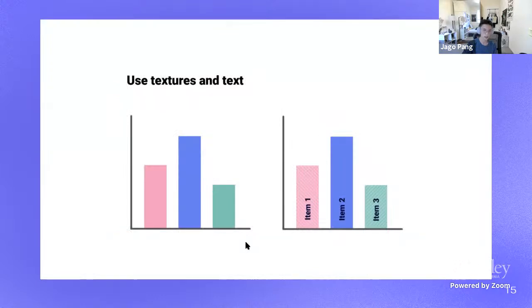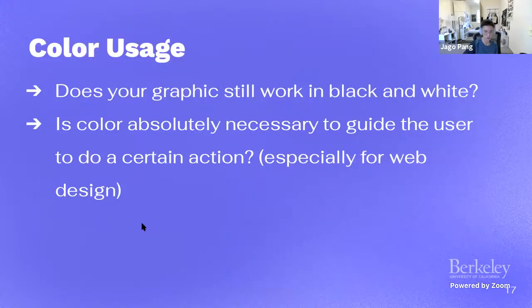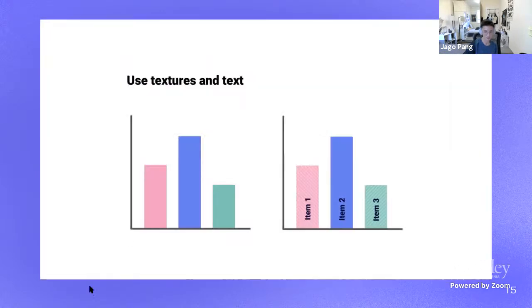Additionally, along with color accessibility, especially if you're trying to communicate information, color should not be the only indicator of information. For example, if someone is completely colorblind, then the pink, blue, and gray would be completely like black and white.